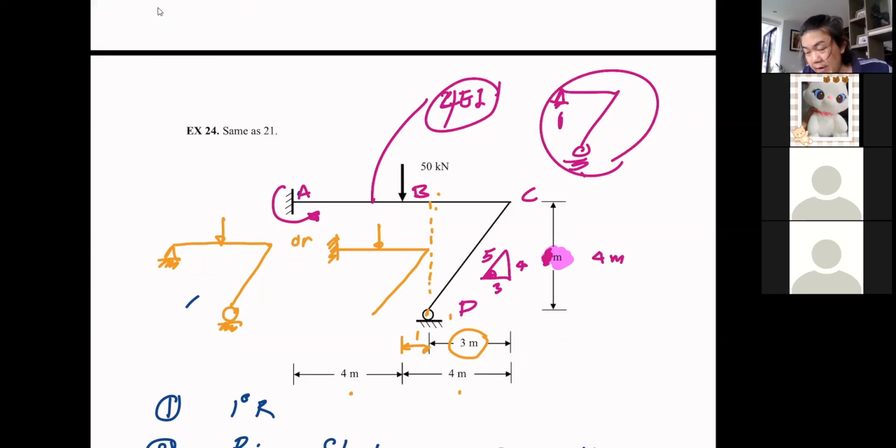But now that my system is indeterminate, if I increase EI of AC, my reactions will change. So as long as it's constant throughout the structure, no matter how big EI is, it's going to be the same reaction.